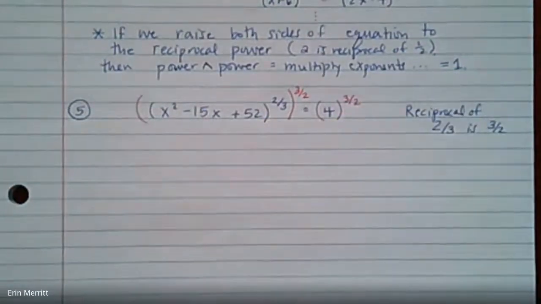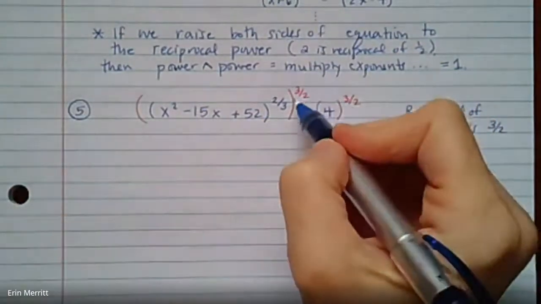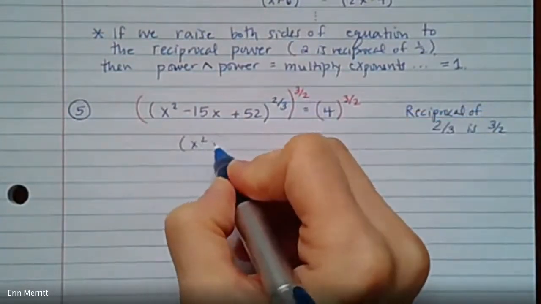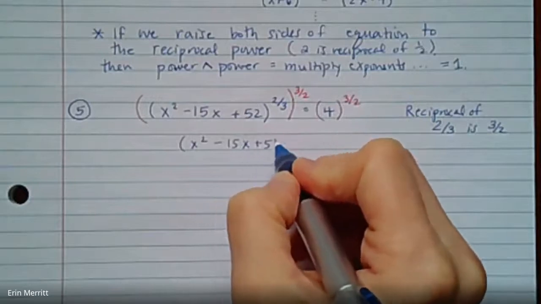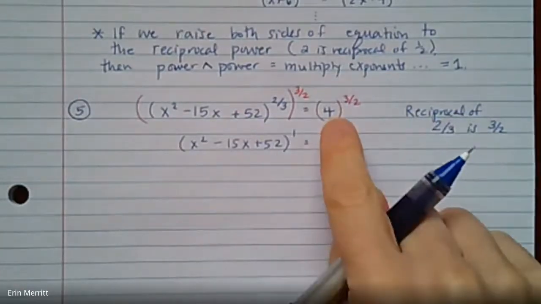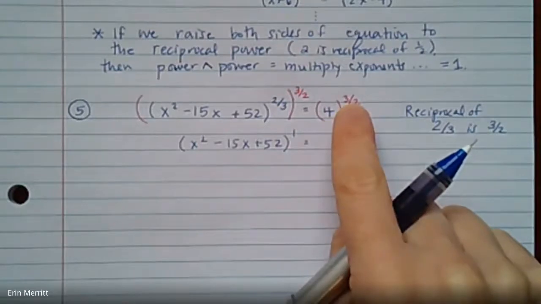So remind yourself what happens. Power raised to a power, we multiply. 2/3 times 3/2 gives me x squared minus 15x plus 52, now raised to just the first power. On the right-hand side, you can grab your calculator, whatever makes this easiest. This means 4 cubed, and then take the square root.